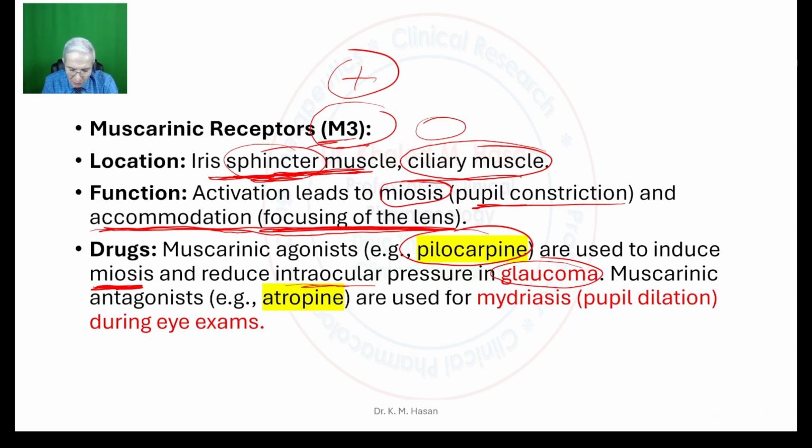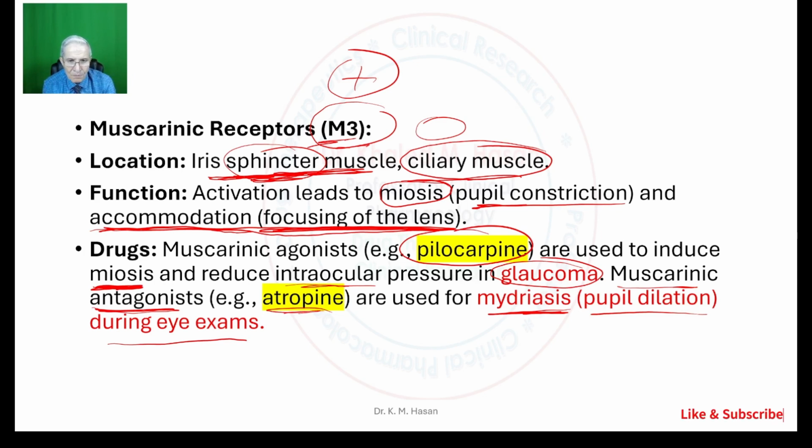Another type, okay, what happened here? Do you need to sometimes use something to oppose the action of M3 receptor? Yes, we have muscarinic antagonists that oppose the action of M3 receptor. Atropine will be the medication used to cause mydriasis, and atropine also causes pupil dilation. So we have some differences here. So now we have two medications that cause mydriasis.